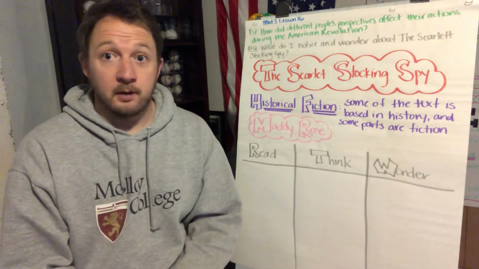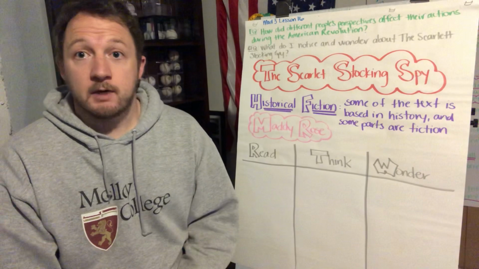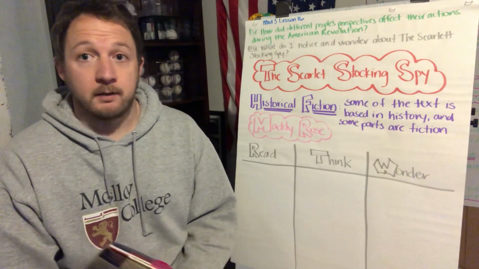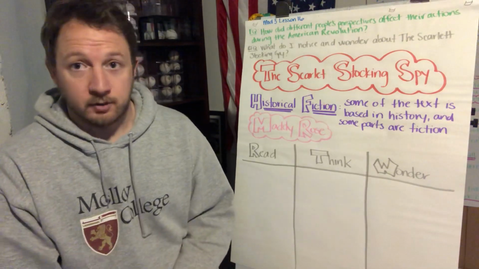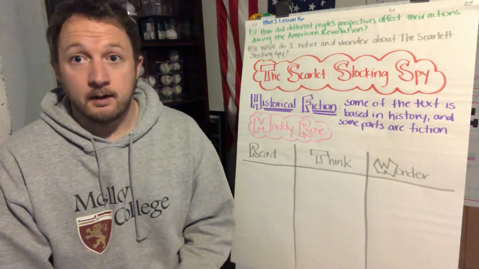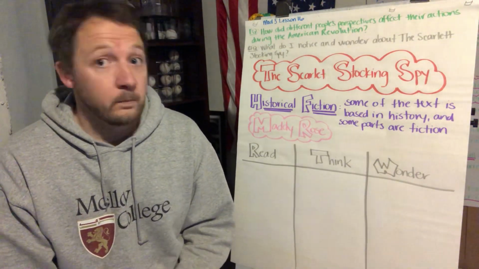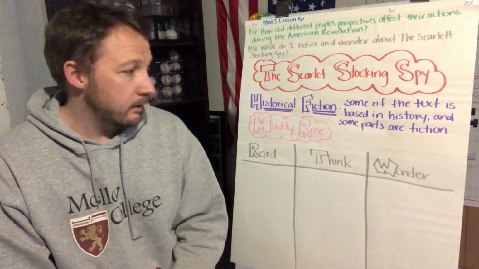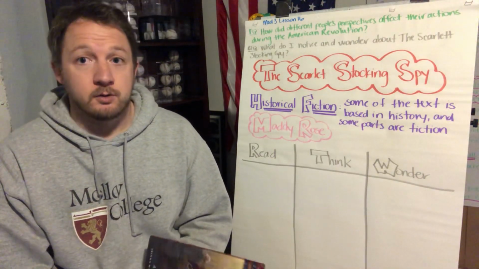This would be a good time to pause the video if you need to make your own chart, which I actually recommend doing even if you can't pull it up on the computer, because typing into these columns can be a little tricky. Plus, this way you can take a picture of the chart you make for today and upload it. I'll give you a couple of seconds to do that. Read, think, wonder, and we are good to go.